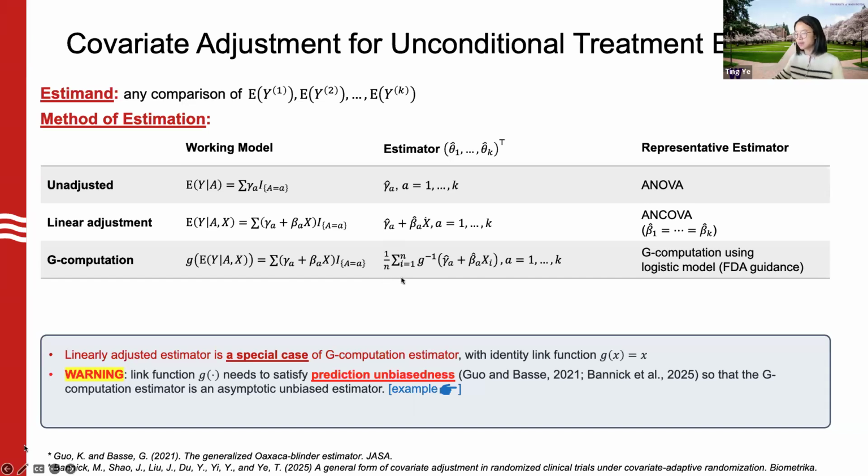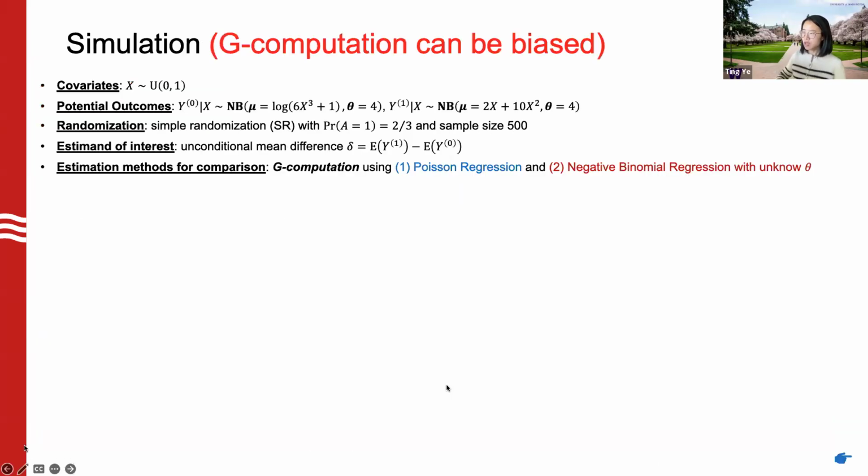But what's nice about this is that if we work with the canonical link function for GLM, then there's a guarantee that this will always be consistent. So that's satisfying prediction unbiasedness. So here I just give an example of how G-computation can potentially be biased if we're not careful using non-canonical link functions.